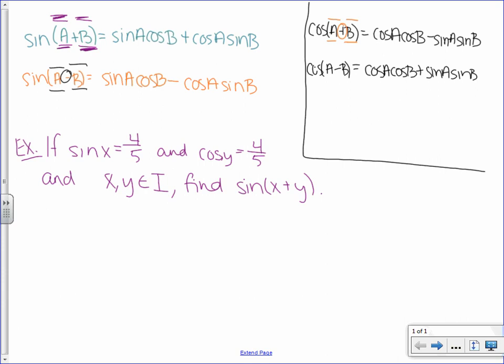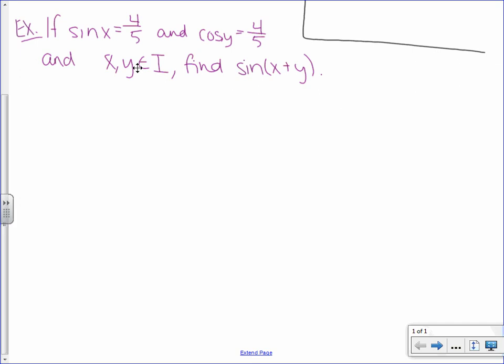So using these handy formulas that I just gave you, I know that the sine of x plus y is going to be equal to sine x cosine y plus cosine x sine y. I've got sine, cosine, stays the same, cosine, sine.